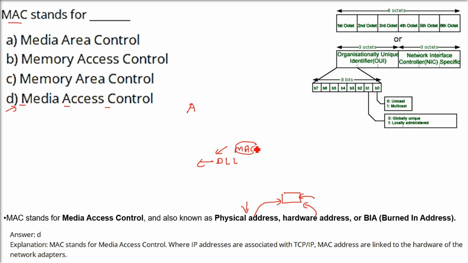So MAC is actually more closer to the DLL because this is more closer to the physical layer. And if you go to the network layer, IP will work. So IP is more towards the network layer, MAC is more towards the DLL, the last but one layer in the ISO OSI model.